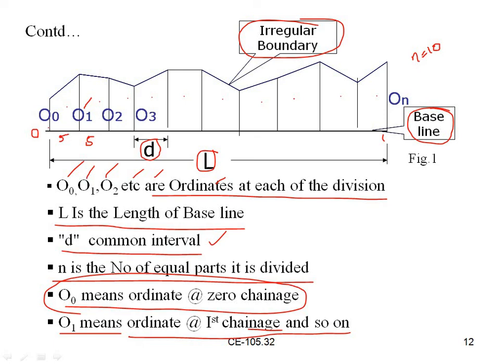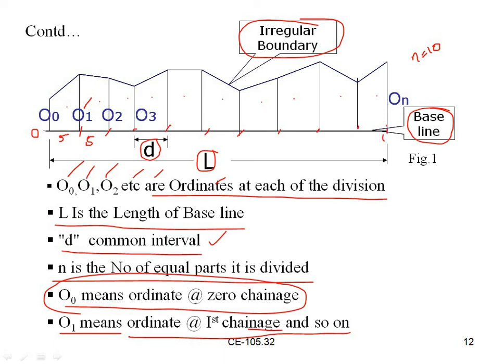Here the first point, the change point, should have an arrow kept, and the last one should also have an arrow kept. In between, we have to keep the arrow points O1, O2, O3, O4, O5, O6, O7, O8, O9 and O10.